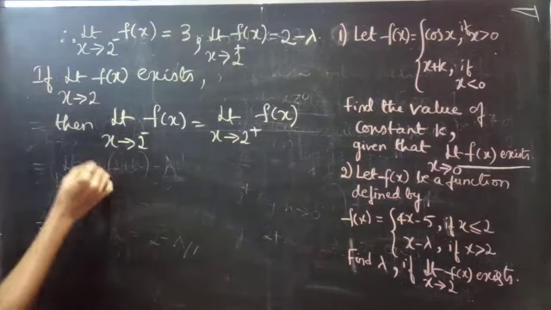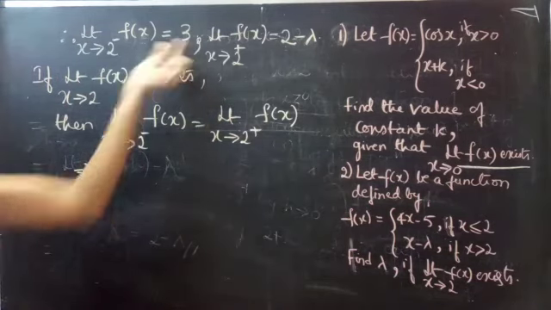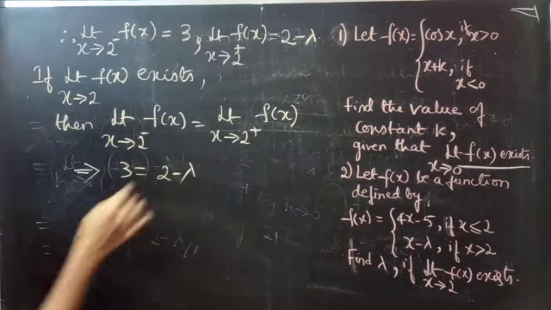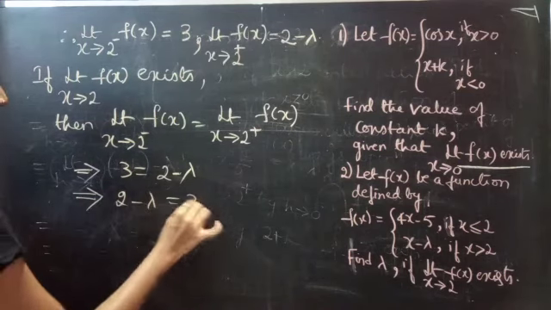Since we have the values of the left hand limit and right hand limit, this implies 3 equals 2 minus lambda, or you can write it as 2 minus lambda equals 3.